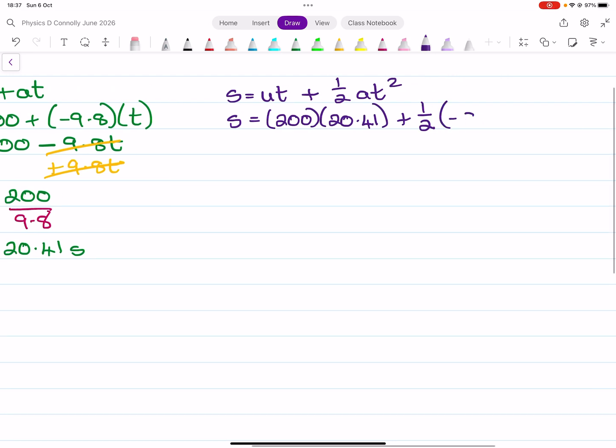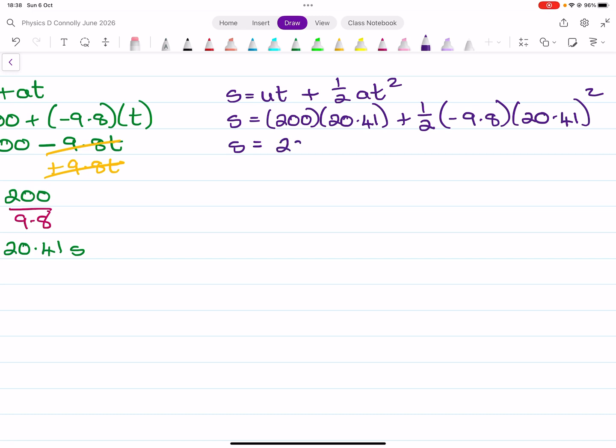A half, acceleration is minus 9.8, and this is 20.41 squared. So that number, I might store that, times 200, plus a half bracket minus 9.8 bracket that number squared.